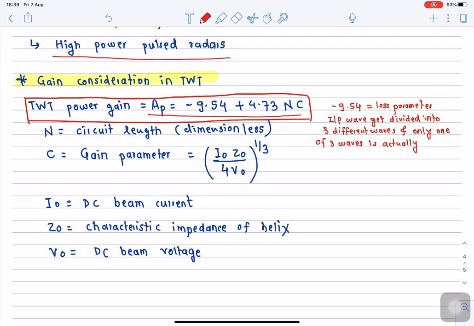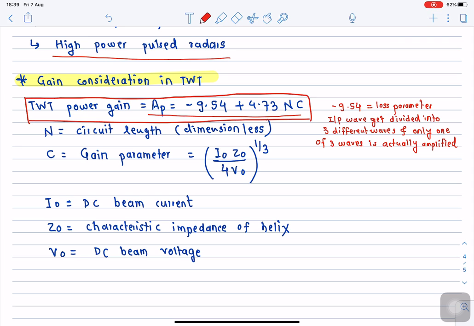I will elaborate on this concept. Why is this first parameter minus 9.54? The minus 9.54 represents the loss in the gain.